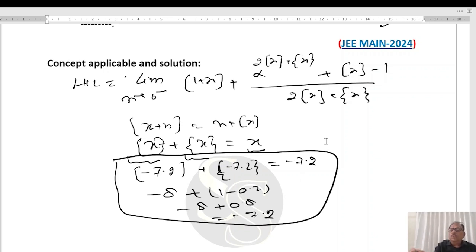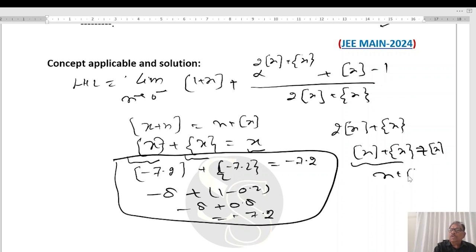Right? Now, twice greater integer function of x plus fraction part can be written as greater integer function plus this, equal to x plus this. This can be written as x plus, right?